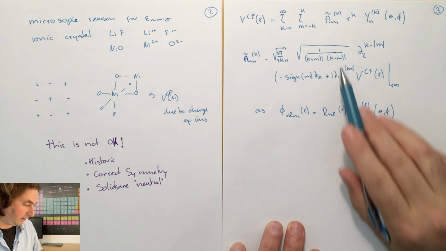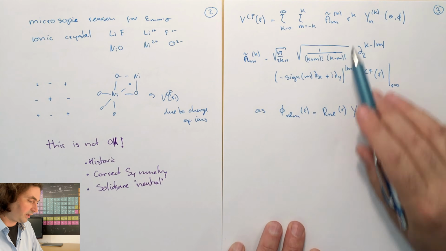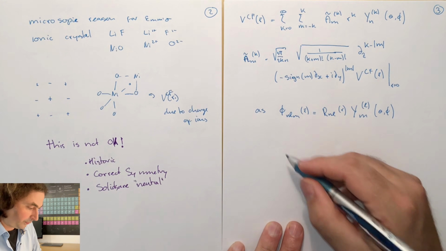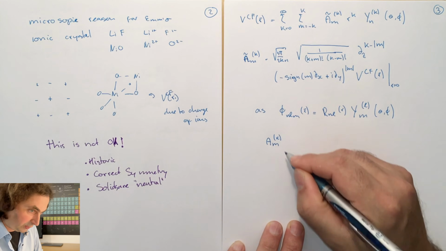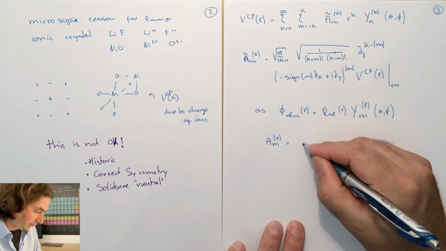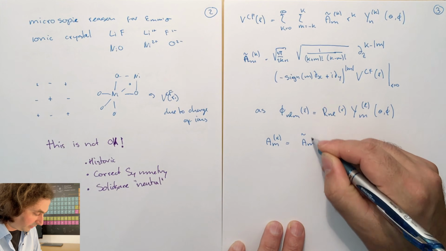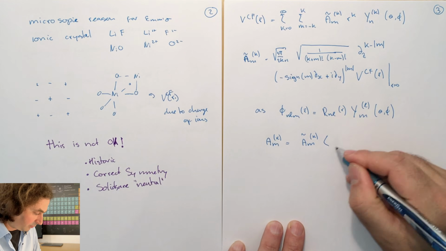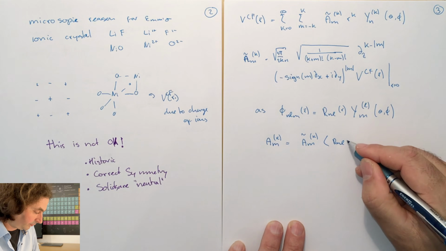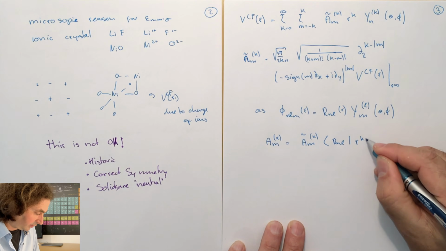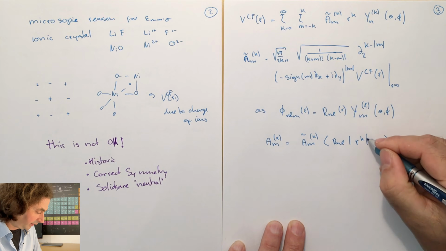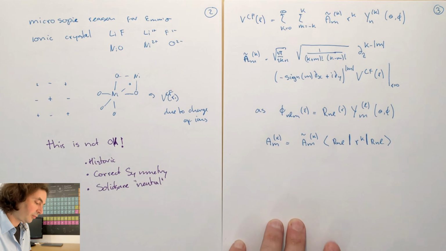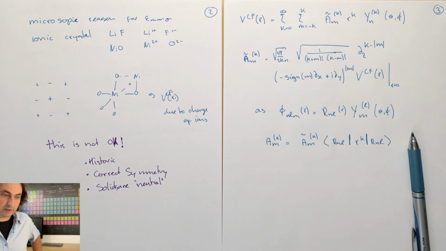And with that we can basically calculate the radial integral for each k value, and we can define a new parameter A_m of k, which is then given as the old parameter times the integral over the radial wave functions and r to the power k, such that we're left with a single parameter.